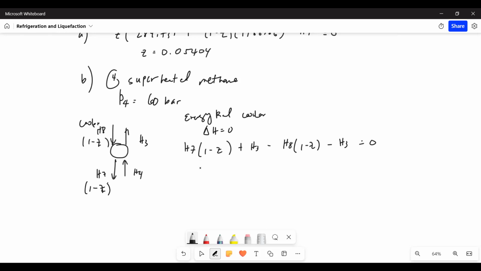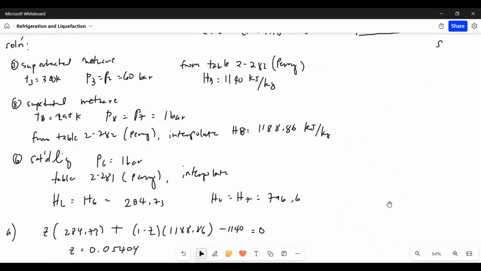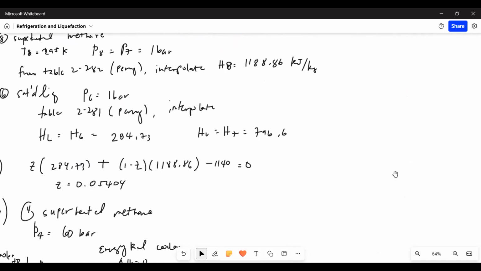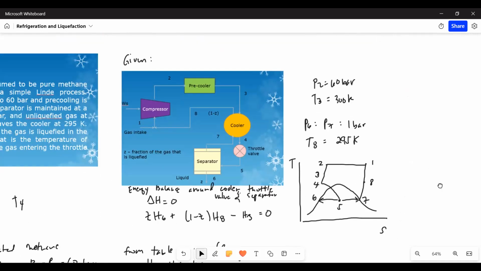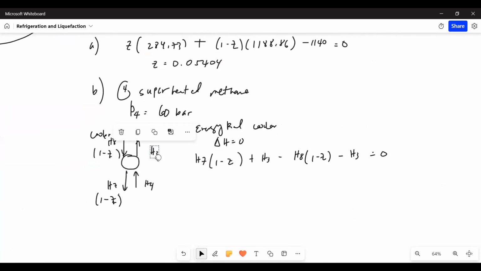Right. So rearranging, we can write it as, oops, H4 minus H exiting, hold on. Exiting is H4. So this should be H4.